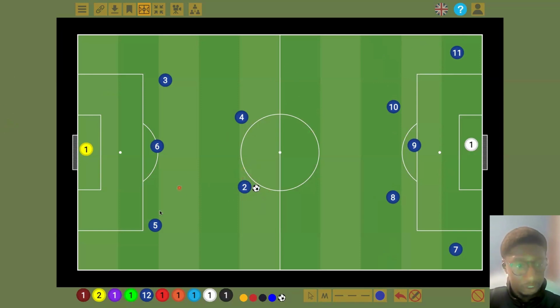Let me just shuffle. Okay, and then if we reverse it and go with the left back inverting, it's going to look like this, and then the 6 will shuffle over like this.